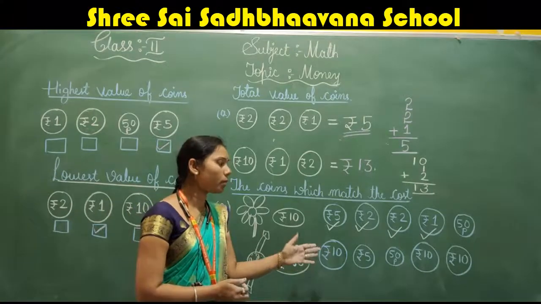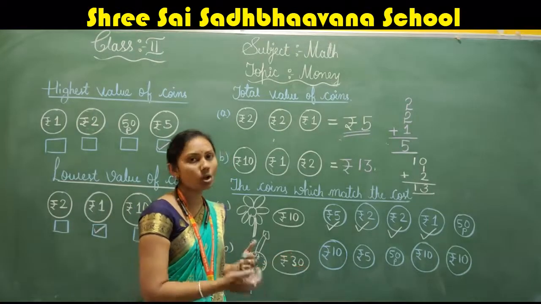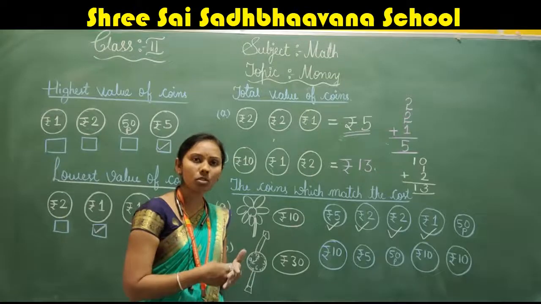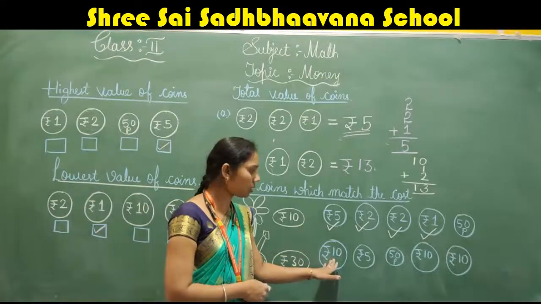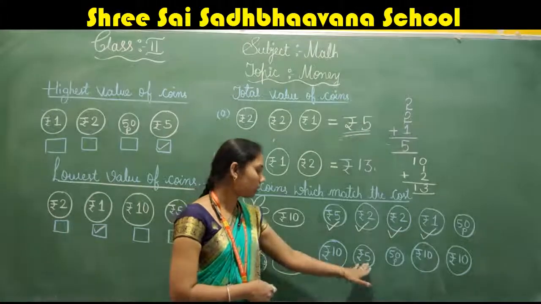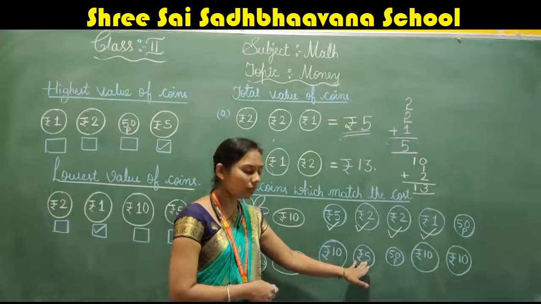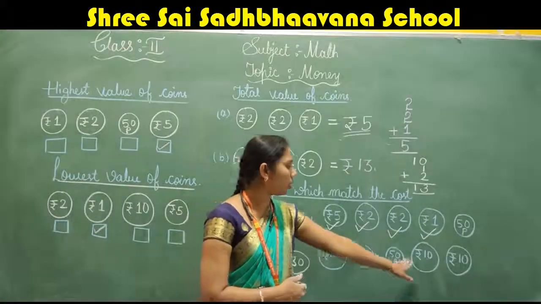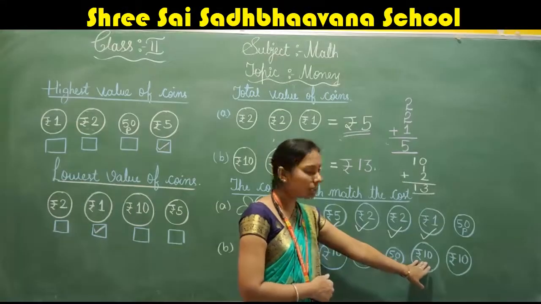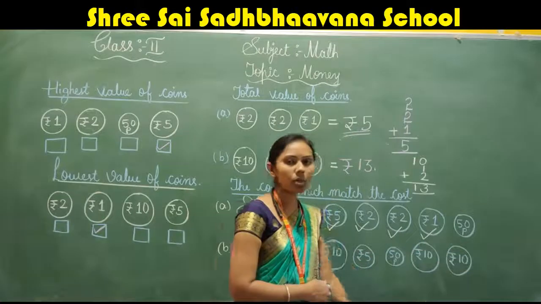Okay, so with you, how much is there? What coins do you have here with you? A 10 rupee coin is there, right? Then a 5 rupee coin is there, and a 50 paisa coin is there. One more 10 rupee coin is there.